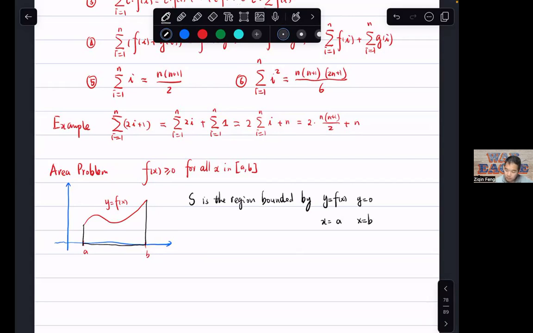So the area problem here is asking: what is the area of S? How do we even define such an area, and how do we evaluate it? This is a general problem. For any non-negative function, you have such a very natural question.